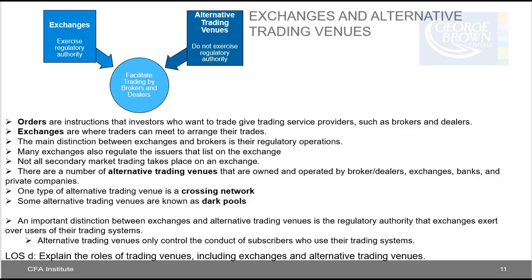But the main distinction between exchanges and brokers is their regulatory operations. Most exchanges regulate their members' behavior when trading on the exchange and sometimes also away from the exchange. Brokers generally regulate trading only in their brokerage systems, okay?